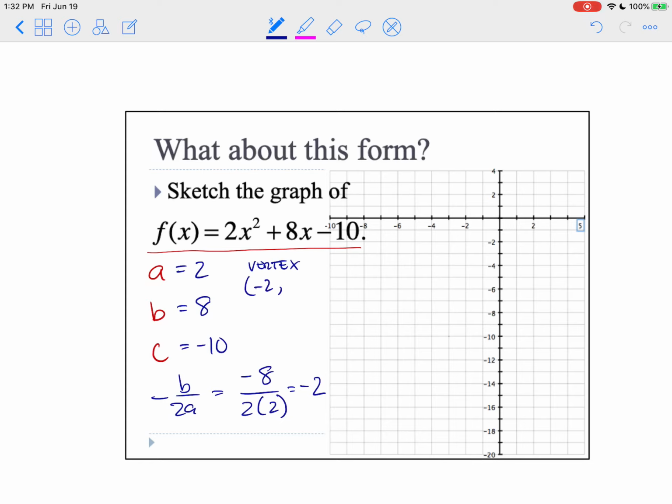Now to find the y-coordinate of the vertex, I'm going to substitute -2 in for x in this equation. Or in other words, I'm going to find f of -2. So that's going to be 2 times, -2 squared is 4, times 2 is 8, minus 16, so that's -8.